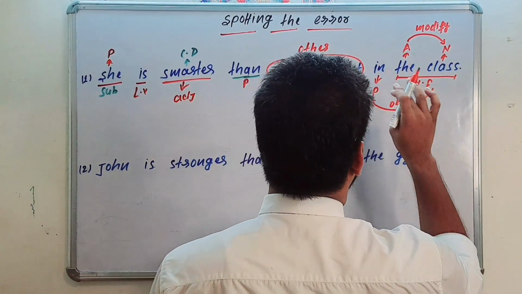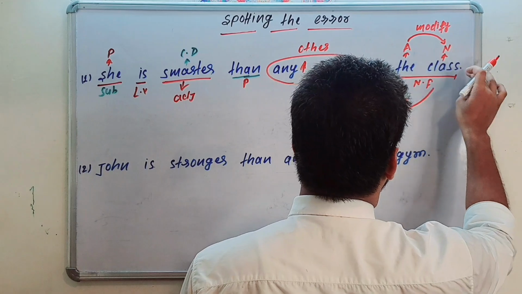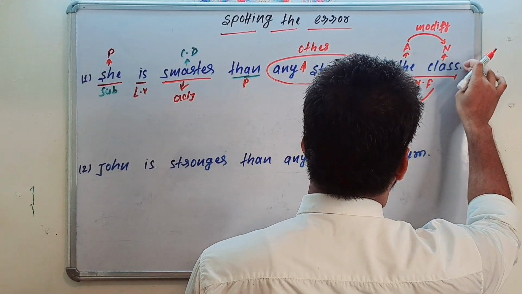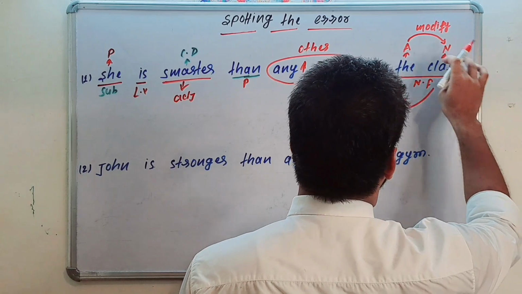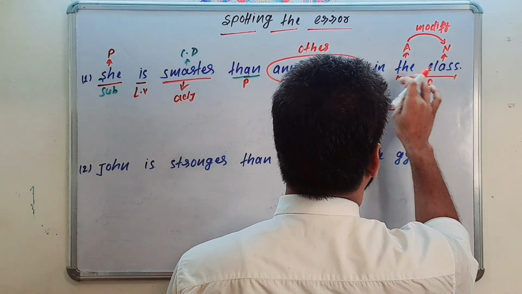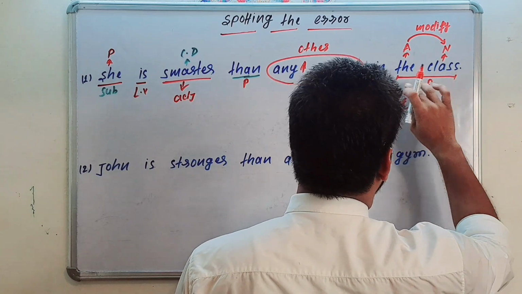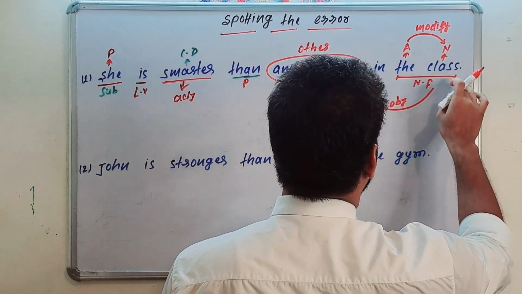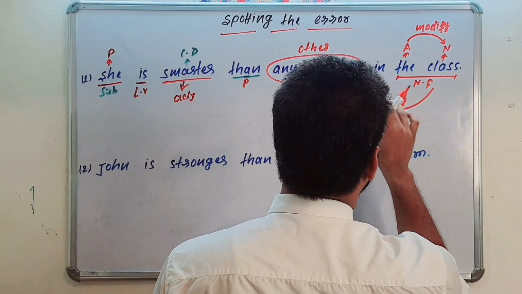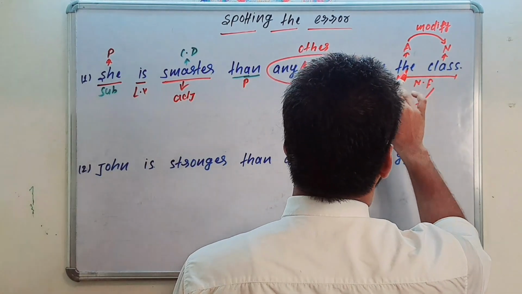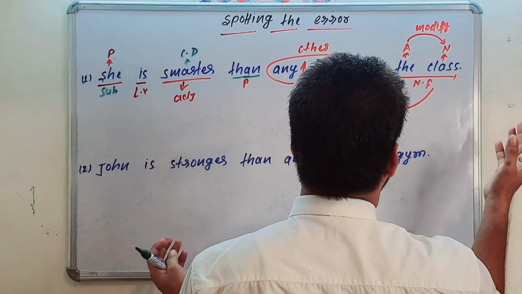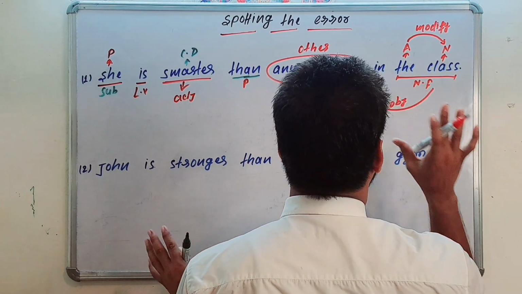Here, see, in is a preposition, the is an article, class is a noun, and the modifies class. The class is a noun phrase, because the article modifies the noun, and it is the object of preposition. Here in this sentence, the class is an object of preposition.